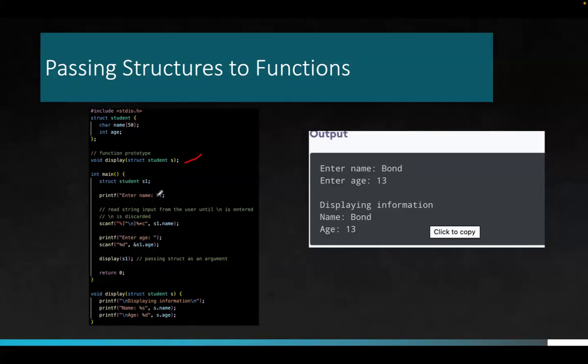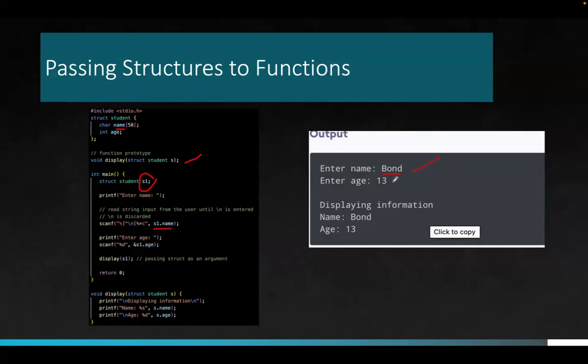Now struct student s1: I created the alias name s1 for one particular student object. Now I'm printing "enter name". So the user will enter his name, say Bond. If the user enters Bond, what will happen? It's a string, so a character array, and I will store it inside the character array, s1.name.